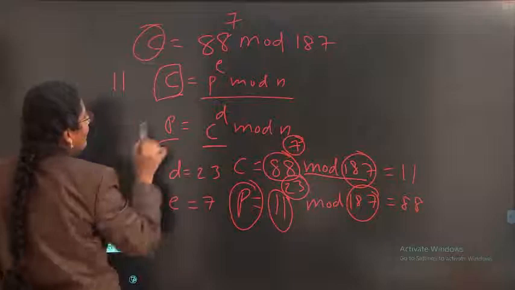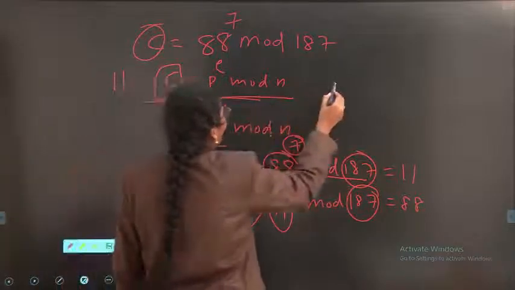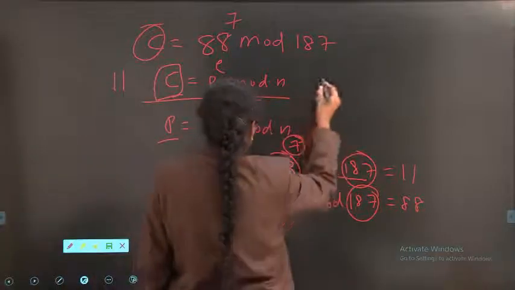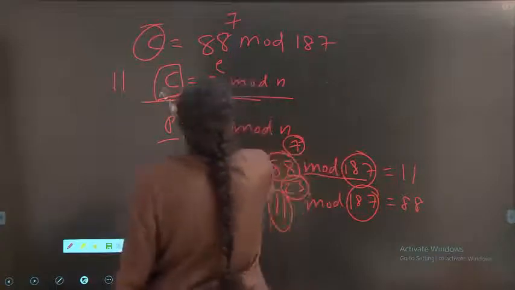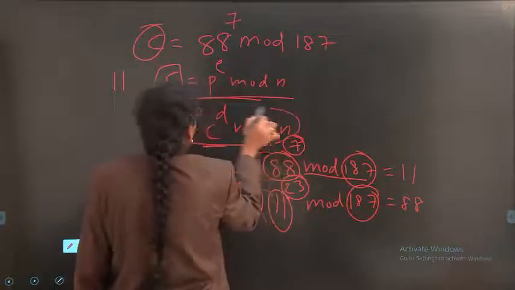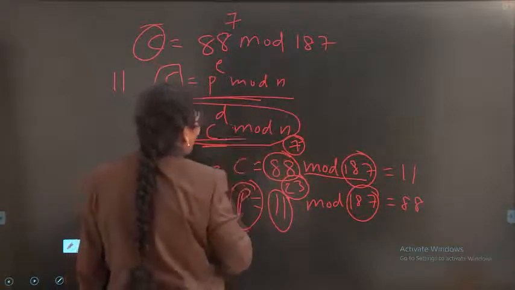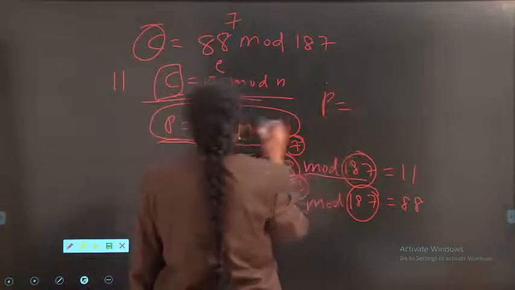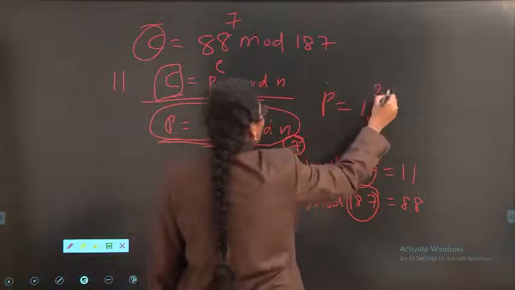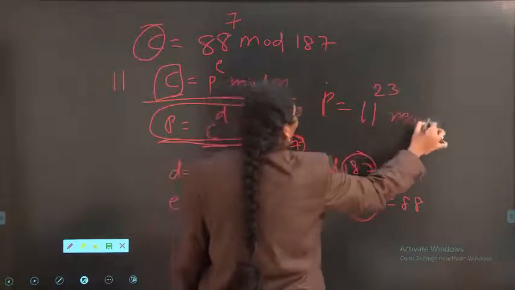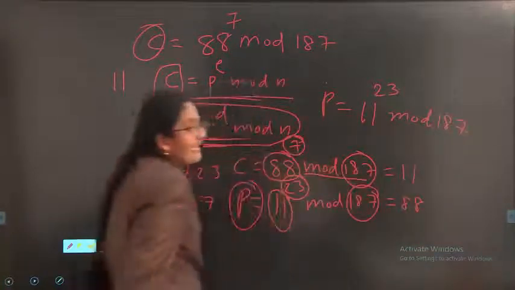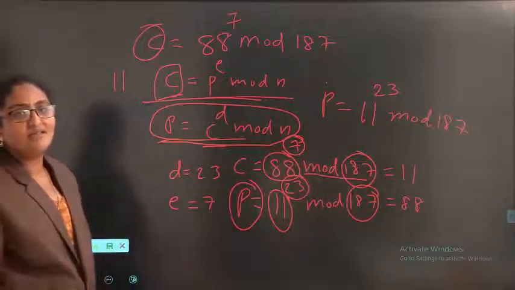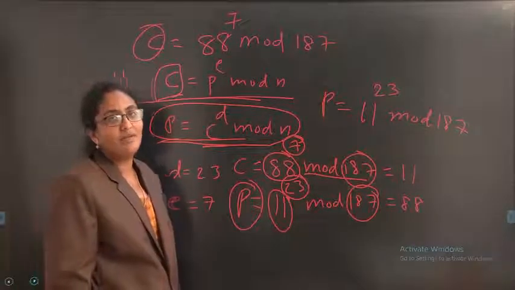So when the C value is 11, how will the formula be? Plain text equal to C value 11, d value 23, mod 187. So this is the example for the RSA algorithm, solved using the extended Euclidean algorithm.